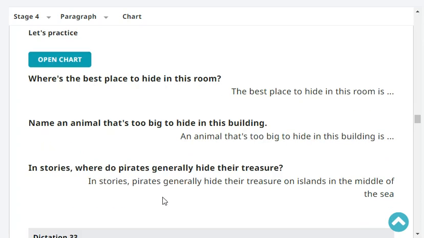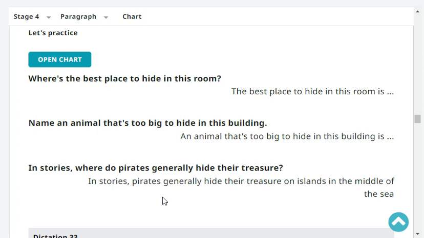Name an animal that's too big to hide in your building. An animal that's too big to hide in my building is an elephant. Very good. In stories, where do pirates generally hide their treasures?